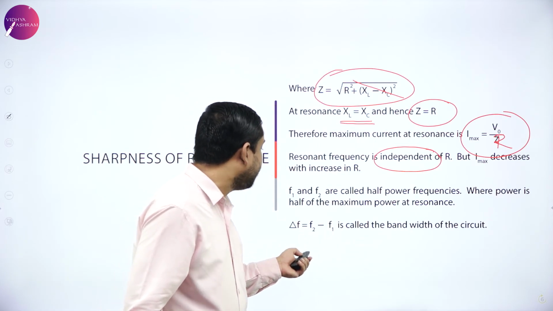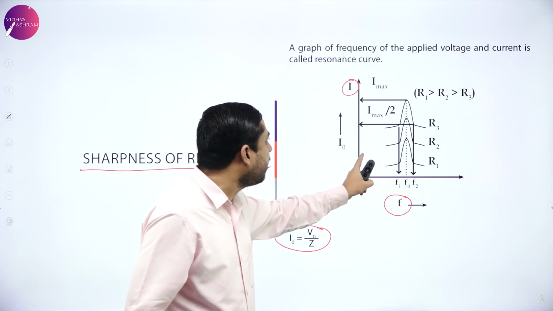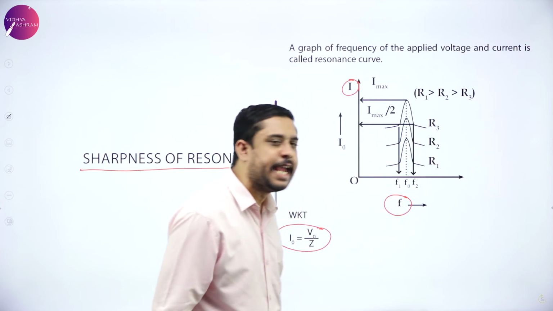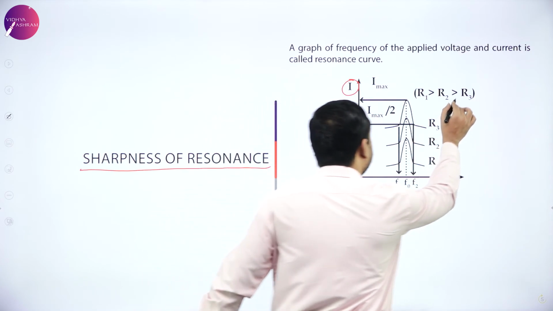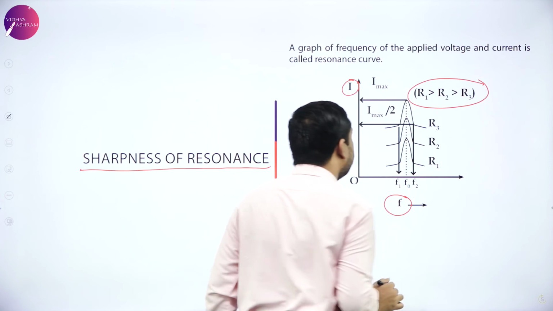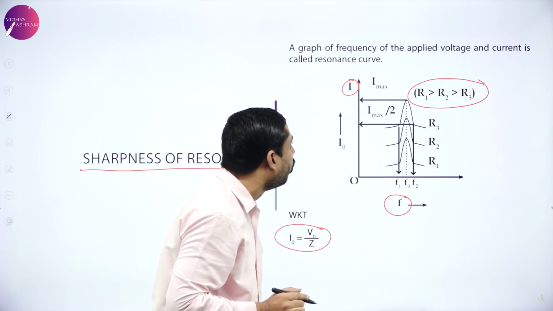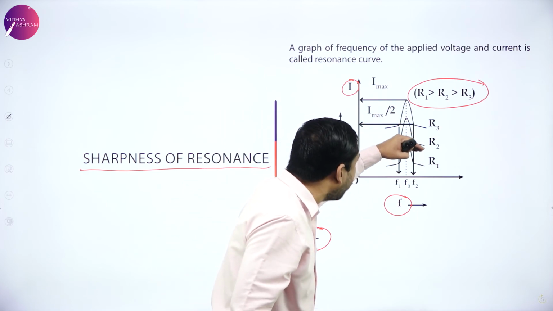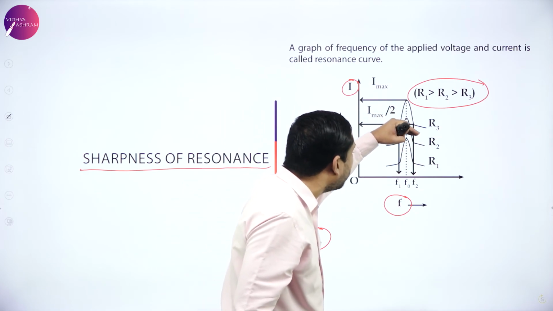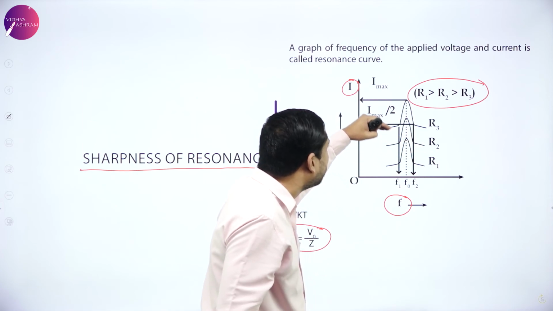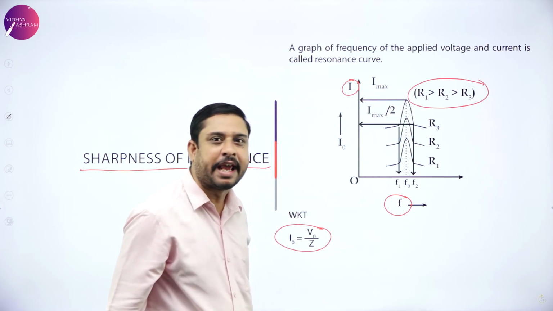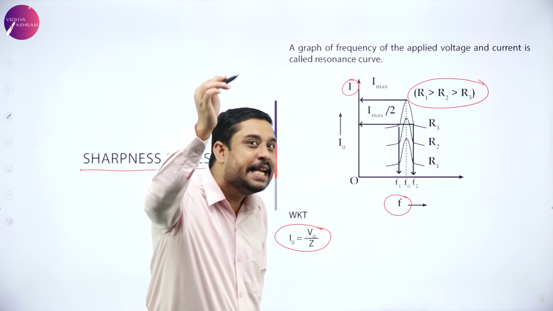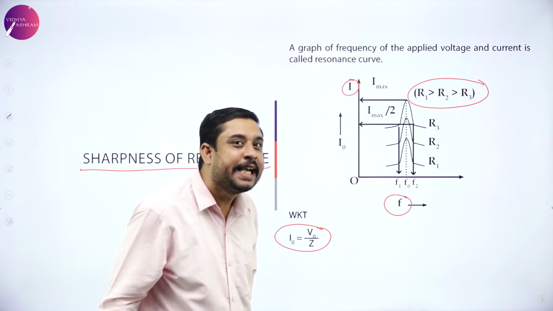So if you can see here in the graph, R1, R2, R3 are three resistances where R1 is greater than R2, which is greater than R3. So as R increases, current should decrease.